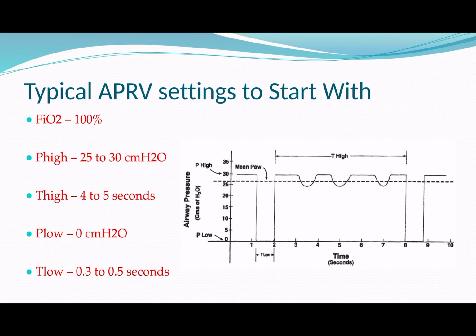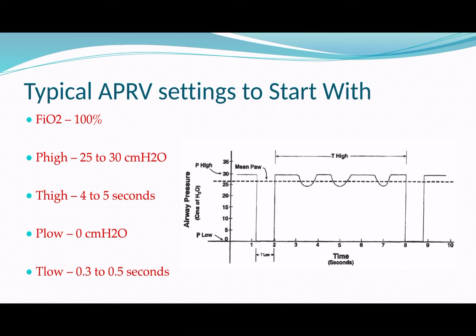So usually those patients with an FiO2 of greater than 60% on conventional ventilation. Whenever you're starting a patient on a new mode of ventilation, there's a chance that they could deteriorate. So I tend to start them on 100% oxygen, then slowly wean them down once you've established them on it. So start off on 100%.